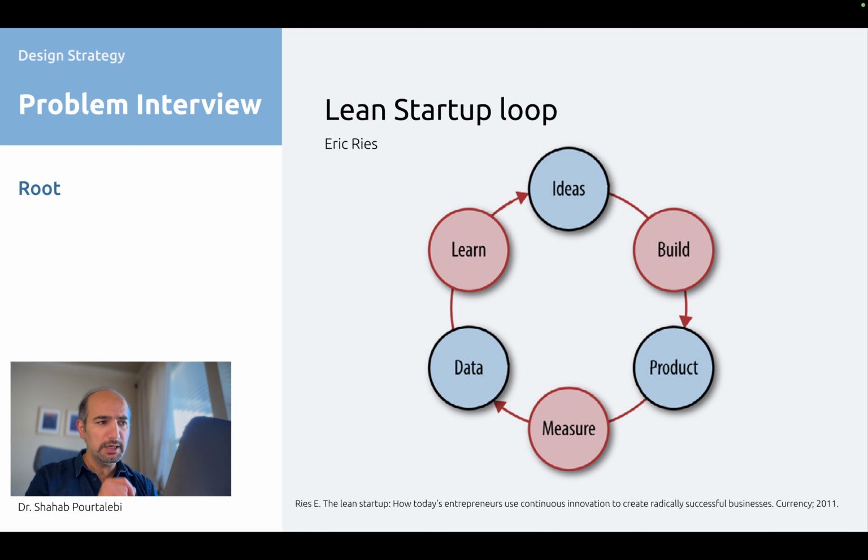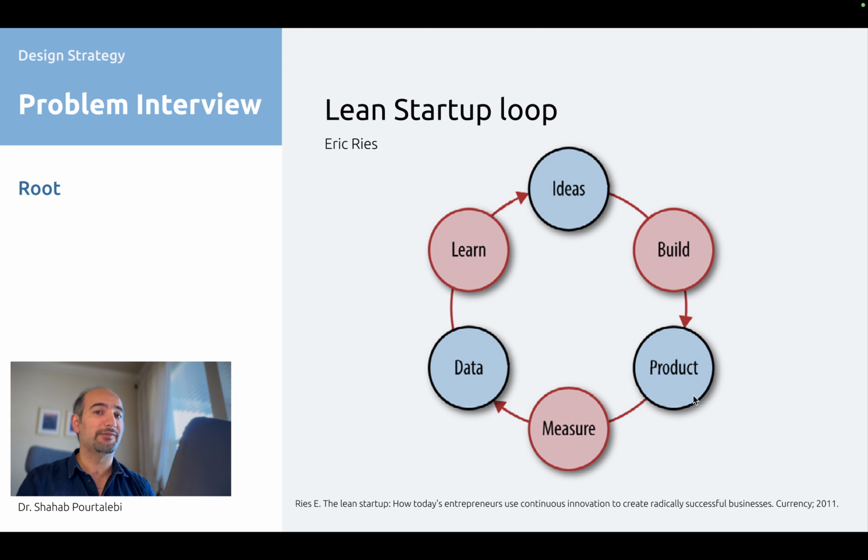But where is this problem interview? In strategic design, we start knowingly that these are all assumptions. We start from some value proposition with some vision statement and some assumptions, and those are here in the first iteration.